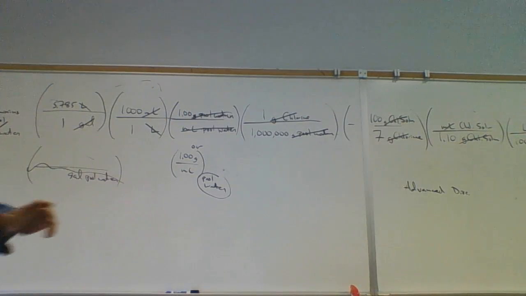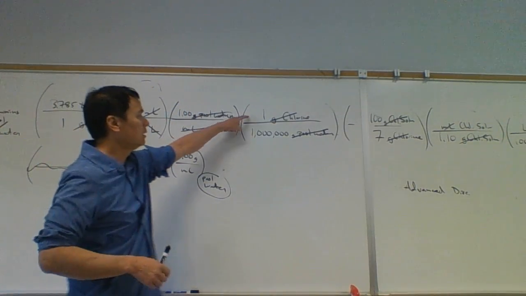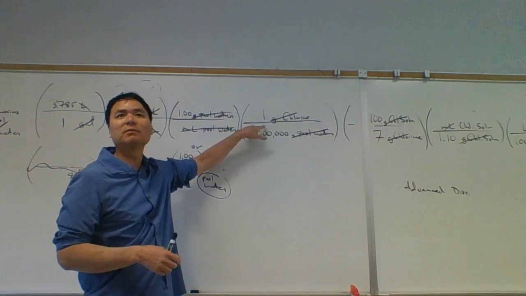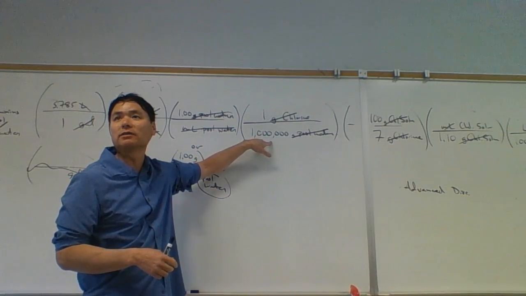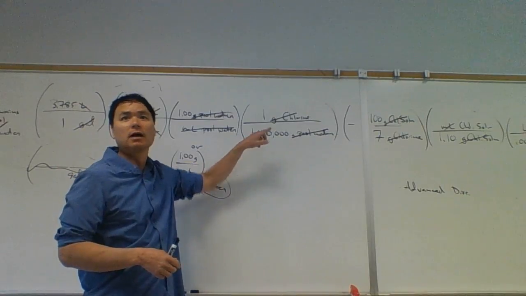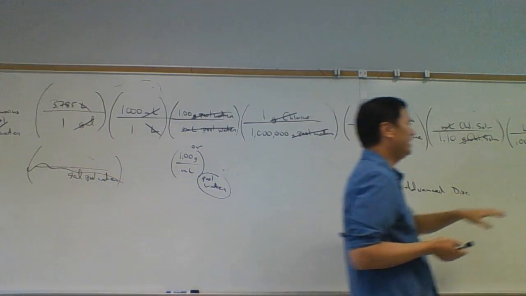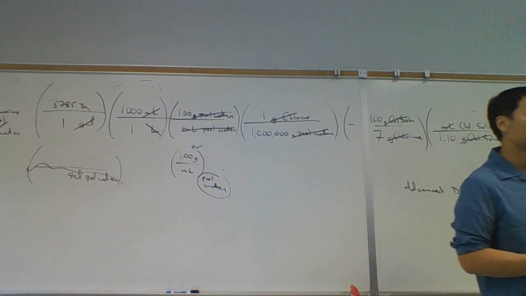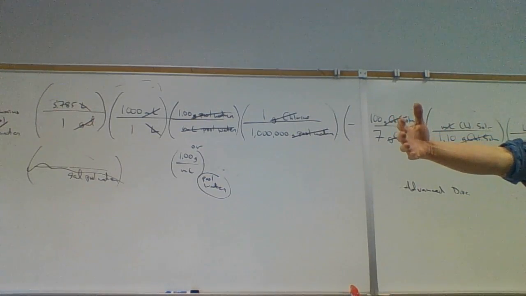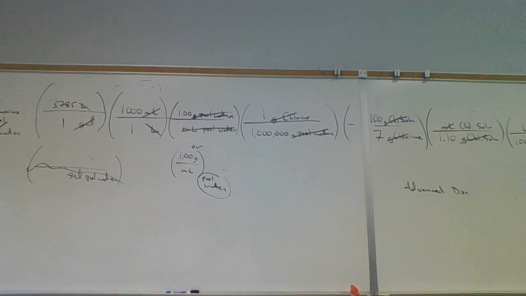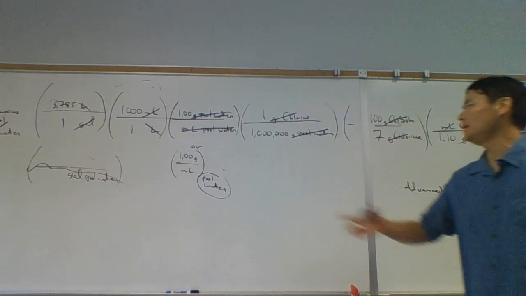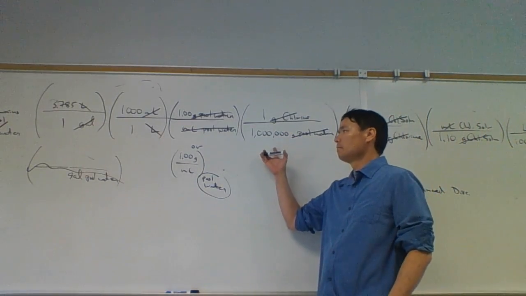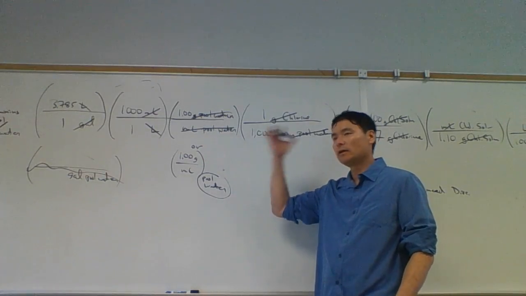I calculated 1 ppm based on 18,000 gallons, but now I have a little bit more than 18,000 gallons. But 0.88 liters isn't that much compared to 18,000 gallons. So what we could say is it's going to lead to a negligible error. But it's still an error nonetheless, because I need 1 ppm, regardless of what that volume is.